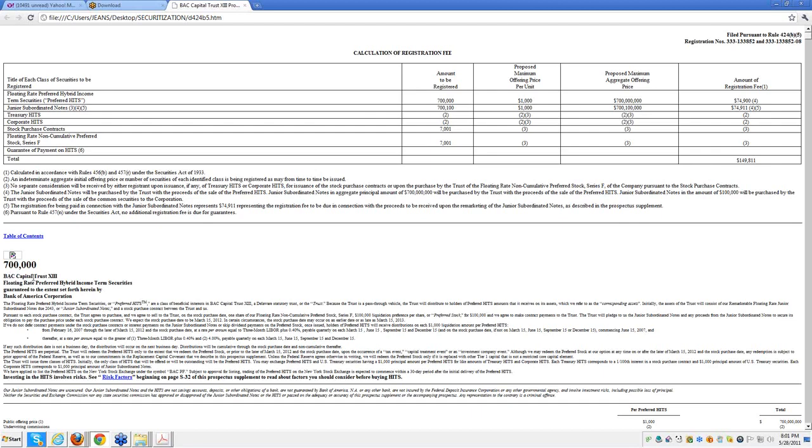My company was listed as a Conseco Securitization Trust. This one is Bank of America Capital Trust 13. That's your REMIC. That's the taxpayer that has to pay the taxes.